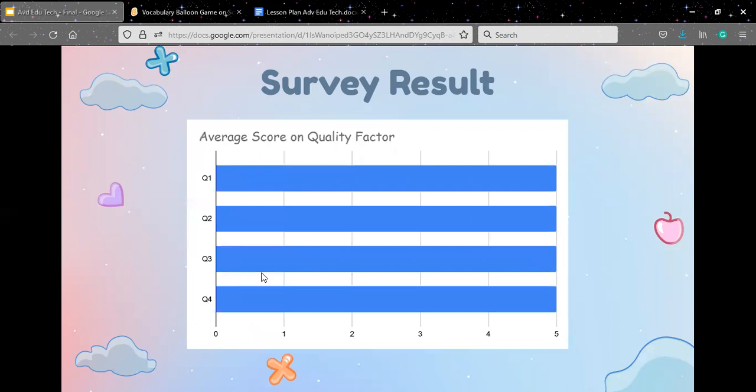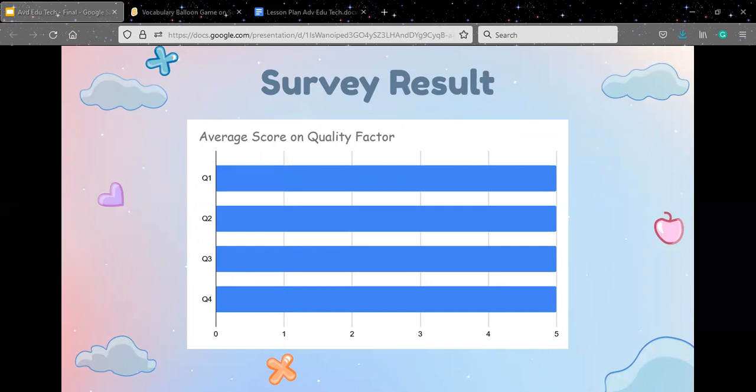And this is the average score on the quality factor. It includes statements like how the features in the learning object were useful, how the instructions in the game were easy to follow, how easy the game is to use, and how well organized the game is.